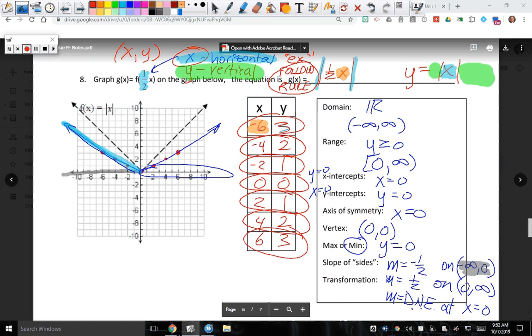But if it's not with the x, you follow the rule of what it looks like. You with me? So here's what I'm going to say. This 1/2, you're going to learn next class, it's not a horizontal compression by 1/2. It's actually a horizontal stretch by 2. And you'll learn this next class. Okay, so let's go ahead and put that. Horizontal stretch by the reciprocal of 1/2, which is by a factor of 2.